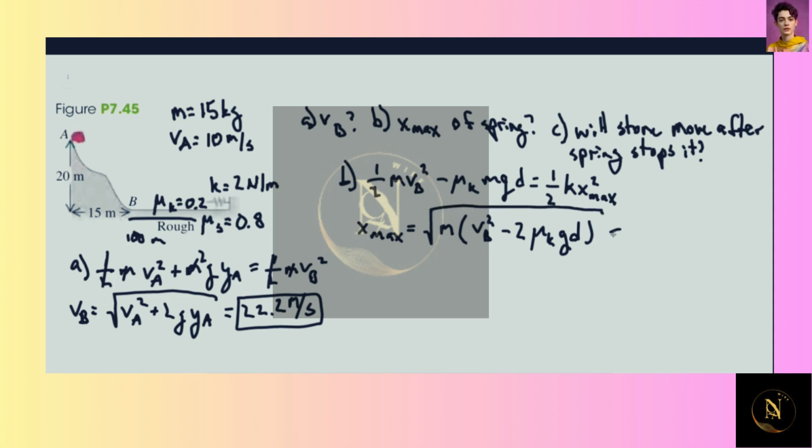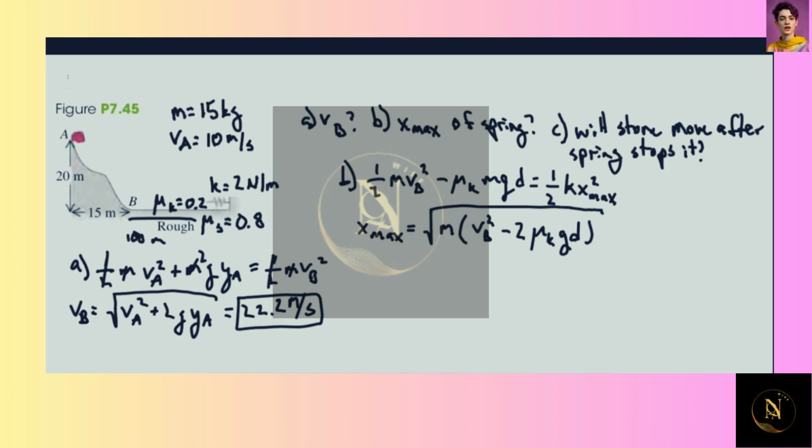And then we can put all of these things in, recalling that this is our 100 meters. And we find that the compression will be 16.4 meters. Oh, yes. No.